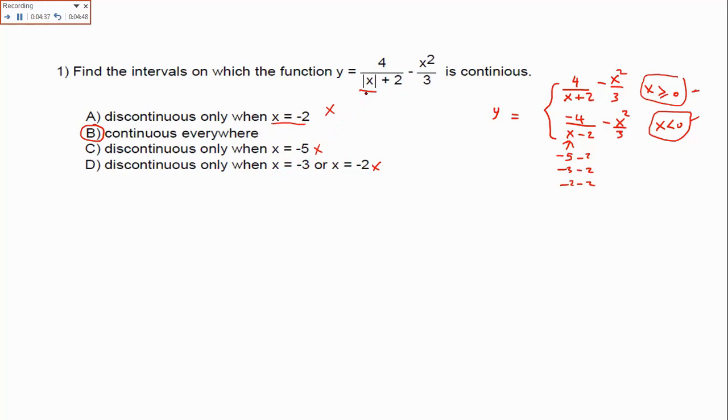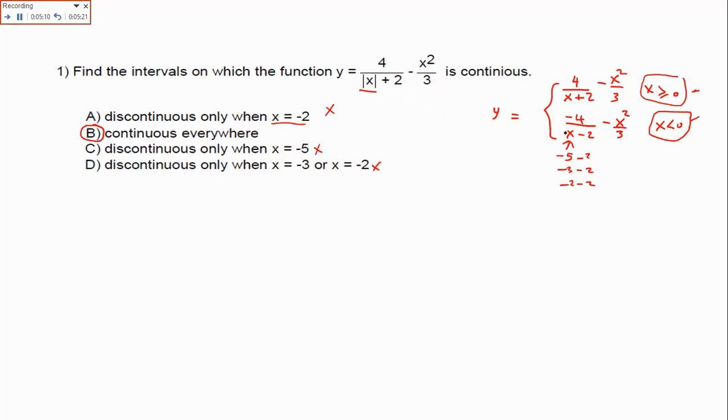The key to answering the question is that since you see the modulus, that means it is a piecewise function. That means it has more than one branch for the domain. The first branch, you take x as it is, like positive, you just take the absolute value and keep x positive, defined for x greater than or equal to 0. And for the second branch, you have to replace the absolute value of x by negative x.